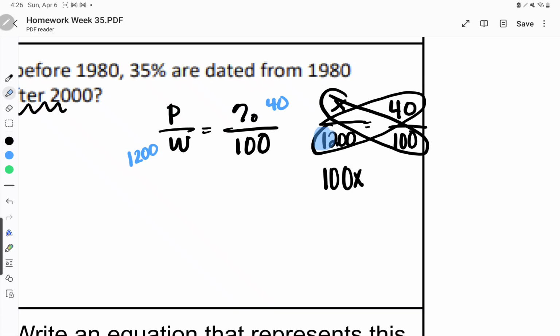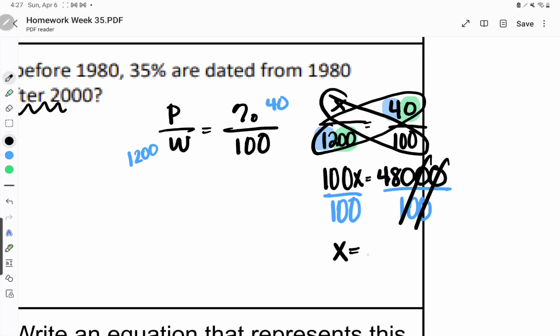Now I start with 4 times 12. 4 times 12 is 48. And then I tack on 1, 2, 3 zeros. Divide both sides by 100. These zeros are going to cross out, and that's going to leave me with x equals 480.